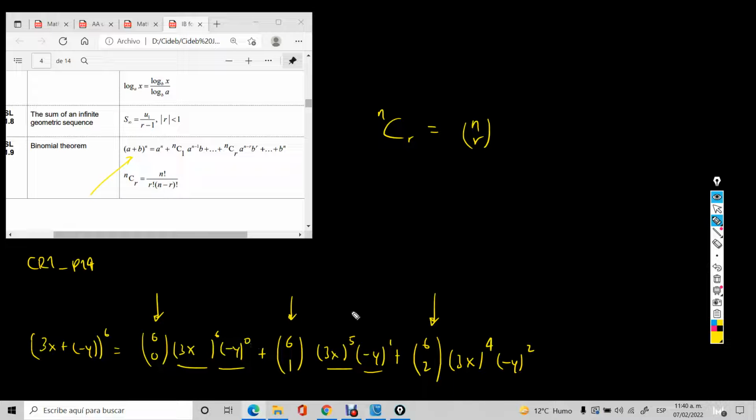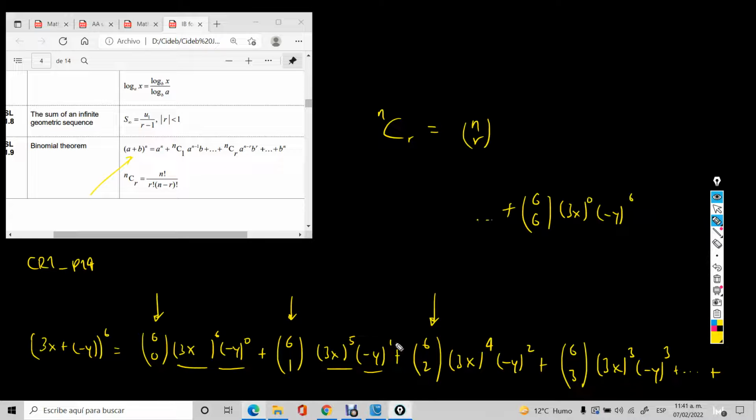Minus y to the 0, minus y to the 1, minus y to the 2, 6 choose 3, times 3x to the 3, times minus y to the 3, and so on until I finish here. 6 choose 6 of 3x to the 0, minus y to the 6.